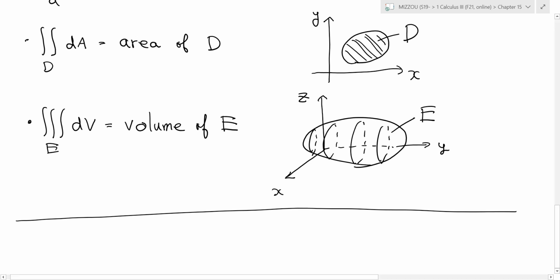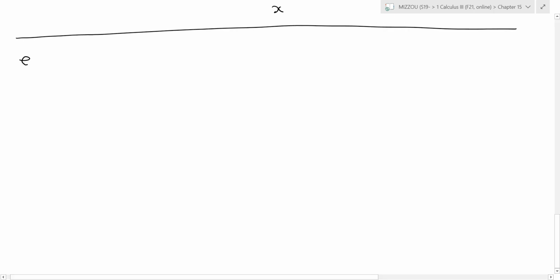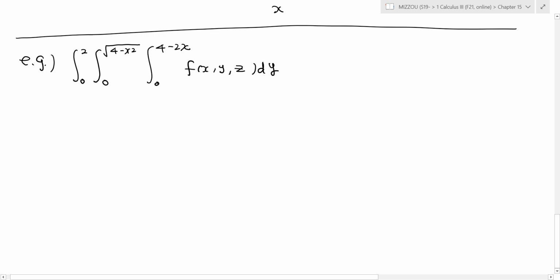Okay, let's do one more problem about triple integral. Here is the question. Let's consider this triple integral, f of x, y, z, dy, dz, dx.